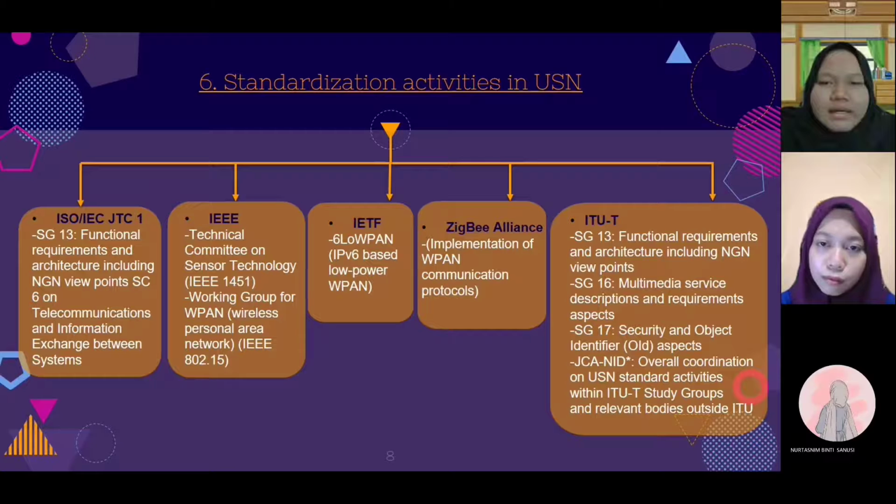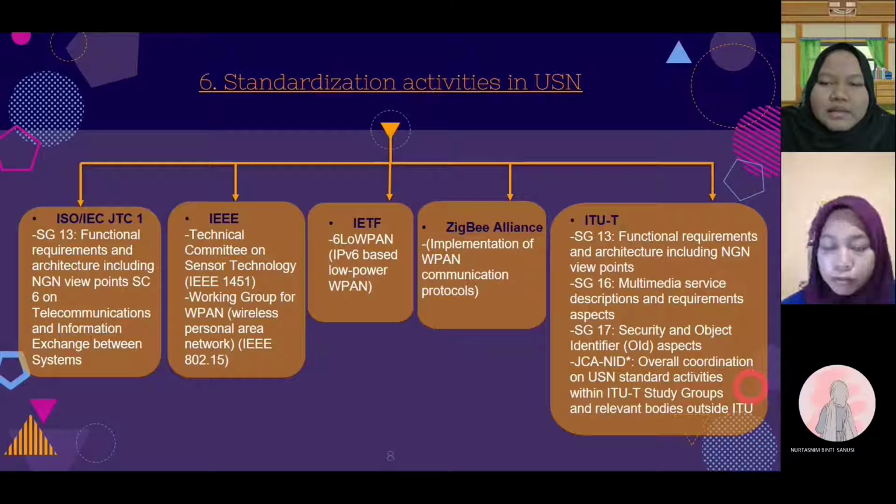Next, ZigBee Alliance: implementation of WPAN communication protocol. ITU-T SG13: functional requirement and architecture including NGN viewpoints. SG16 is multimedia service description and requirement aspect.